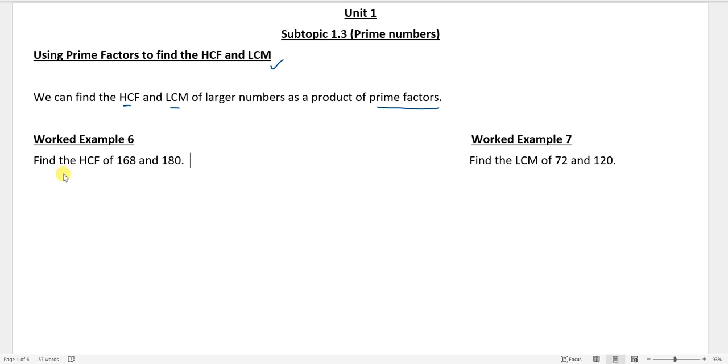Let's solve this example. Find the HCF of 168 and 180.